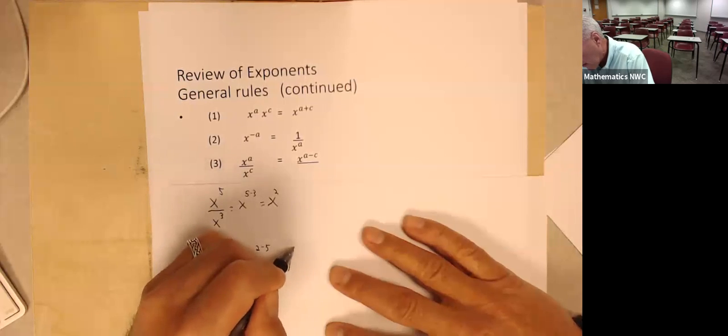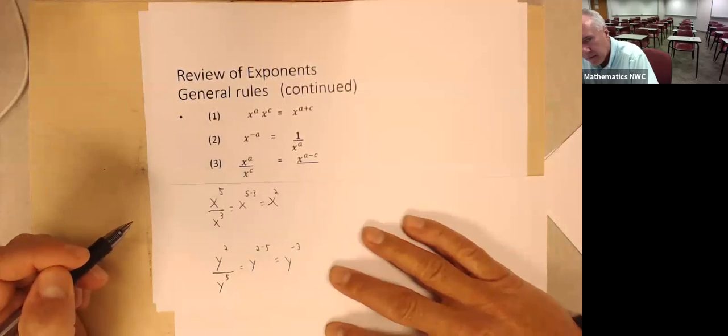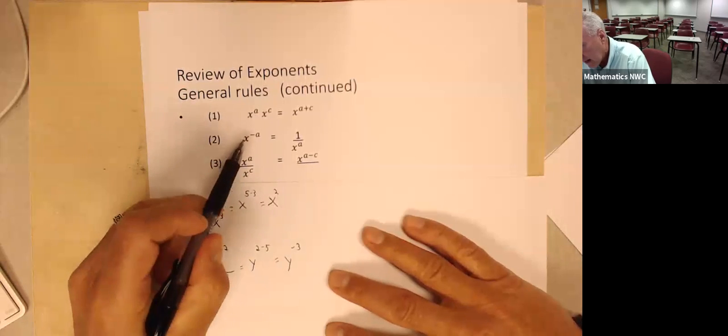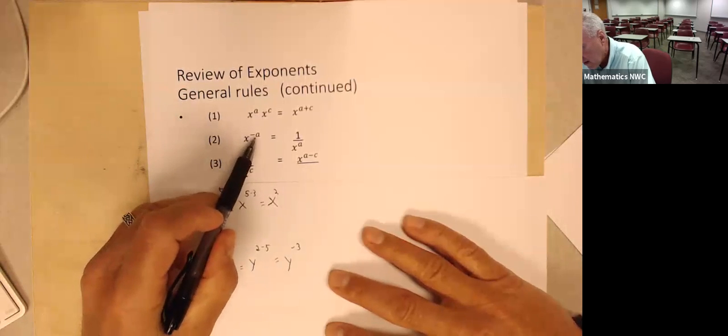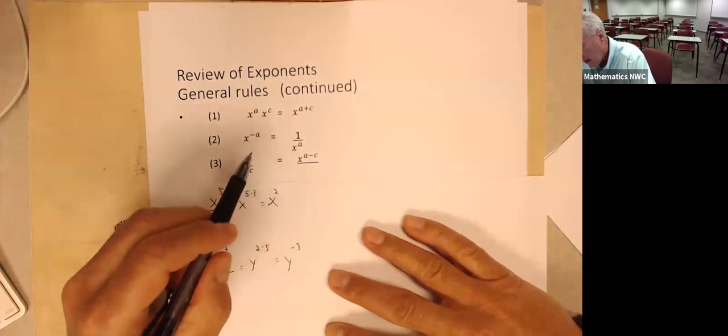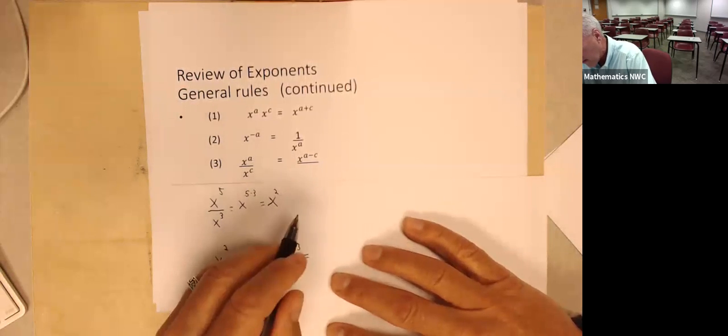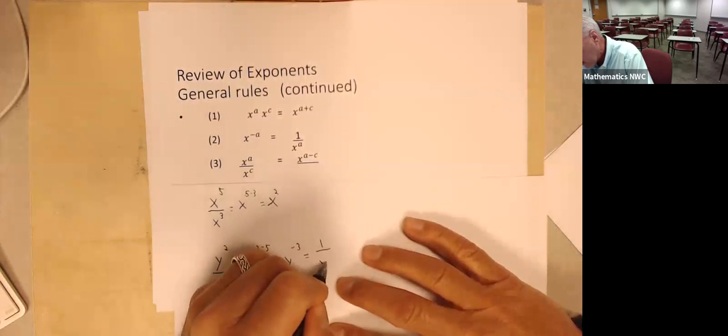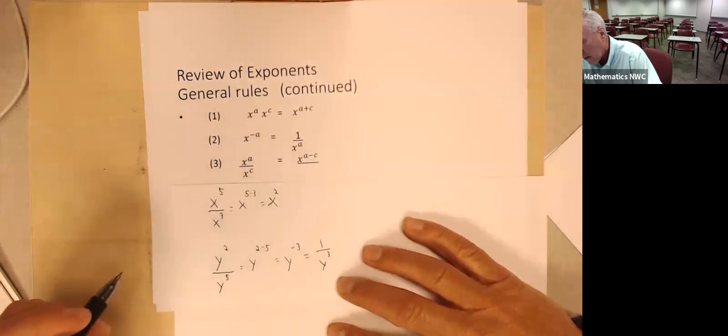That would be y to the negative 3. But I also recognize that anything to the negative can be written as 1 over that to the positive. In other words, y to the negative 3 could be 1 over y to the positive 3.